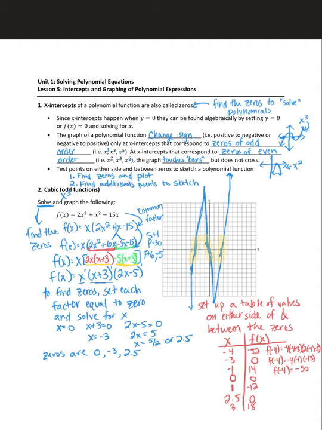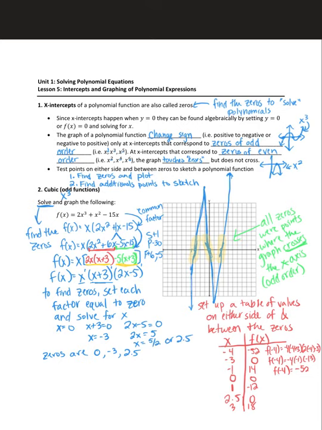So let's just make a note about that: all zeros were points where the graph crosses the x-axis. And we'll just put in brackets, odd order. They were all zeros of odd order.